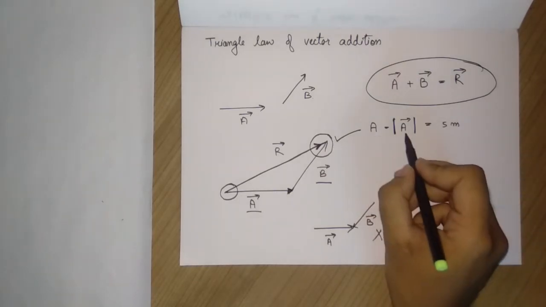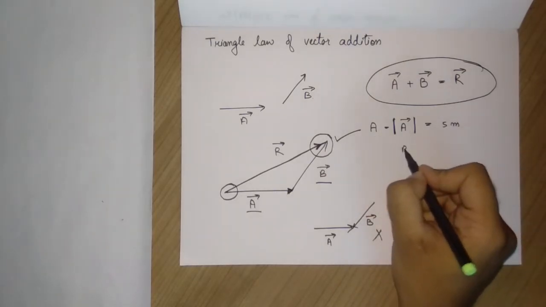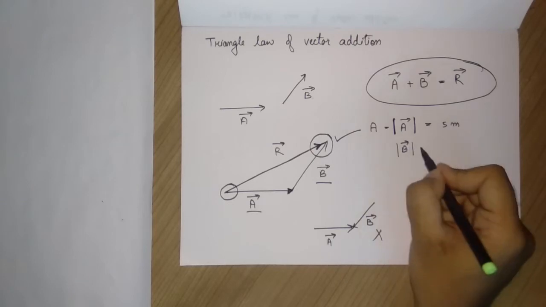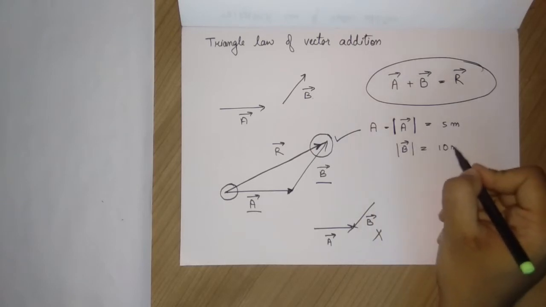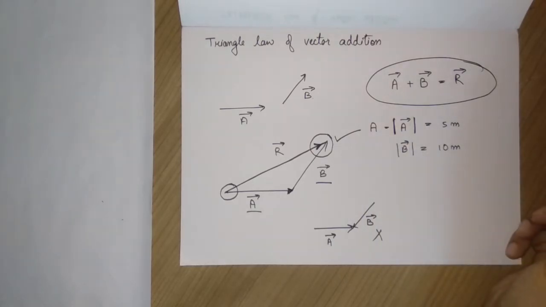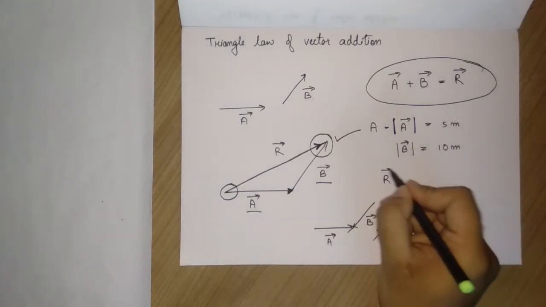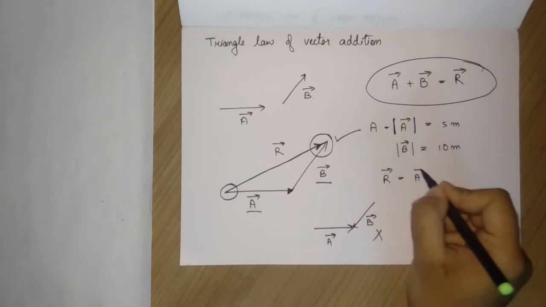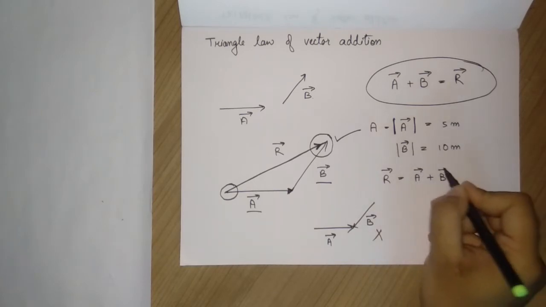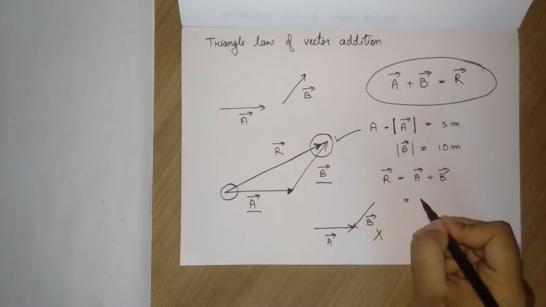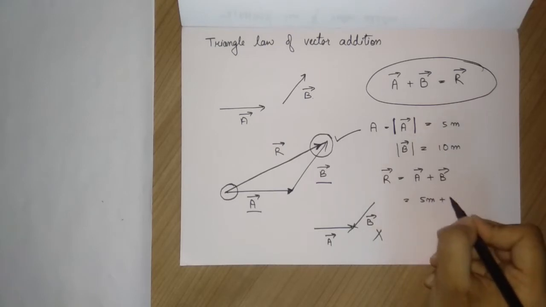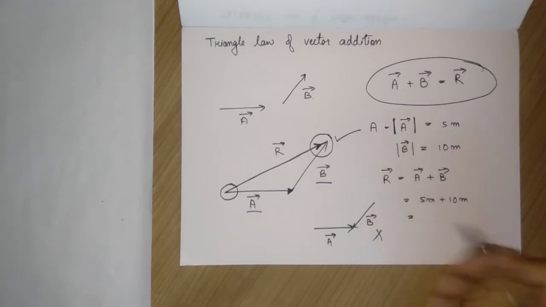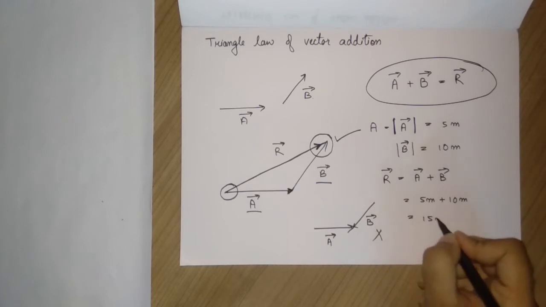Now, suppose the magnitude of vector A is 5 meter and that of vector B is 10 meter. By normal addition, it may seem that we just add the magnitudes, which would give us 15 meter.